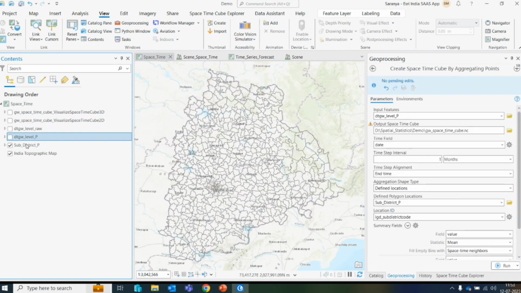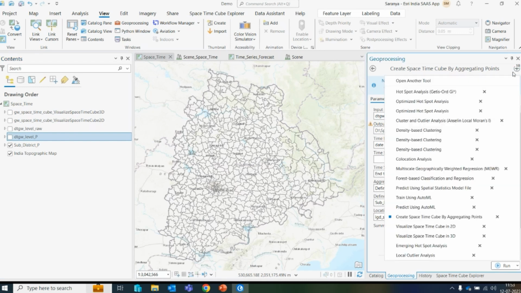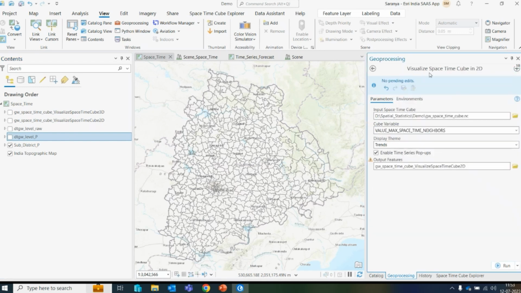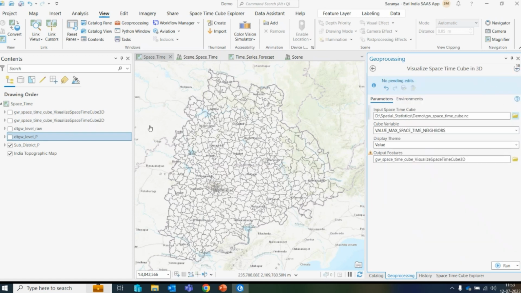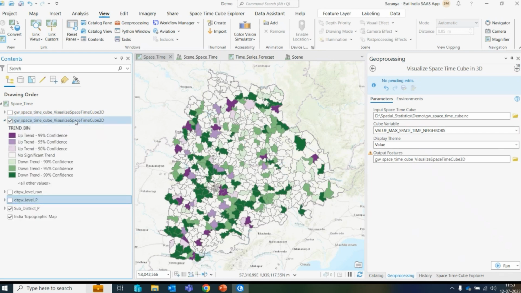When you run this tool, it creates a netCDF file. To visualize this file, you can run either Visualize Space Time Cube in 2D or Visualize Space Time Cube in 3D. Both these tools are available in the Space Time Pattern Mining toolset. So let us first take a look at the space-time cube in 2D.